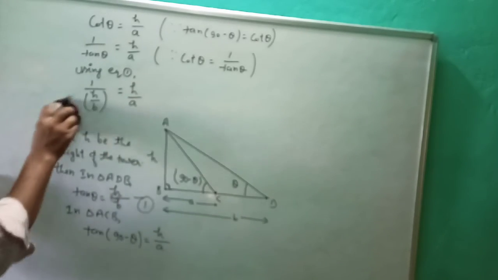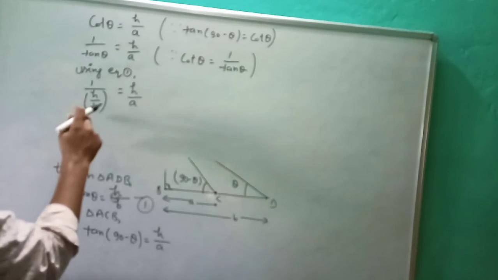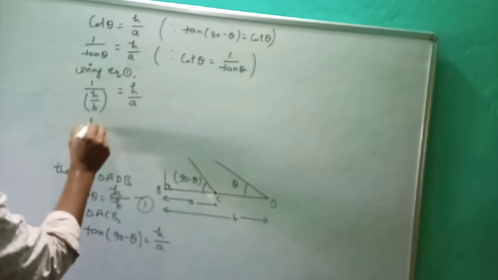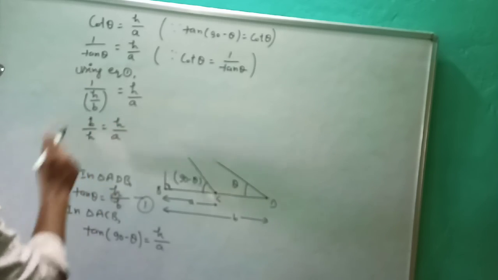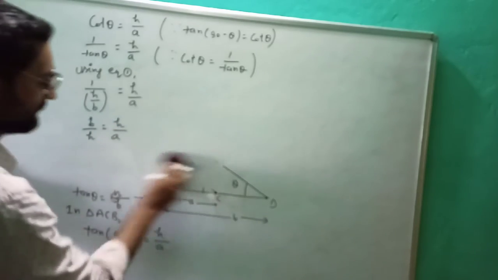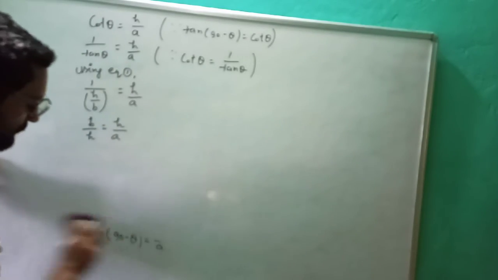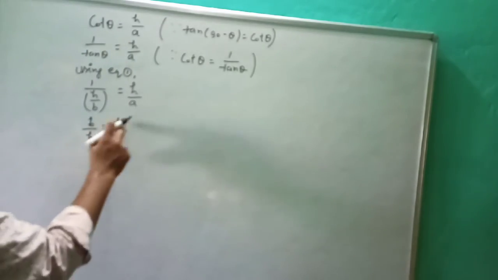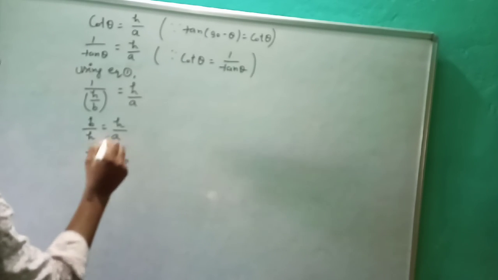This is the reciprocal, so this will become b upon h, and that is h upon a. Now if you cross multiply these, we will get h square equals ab.